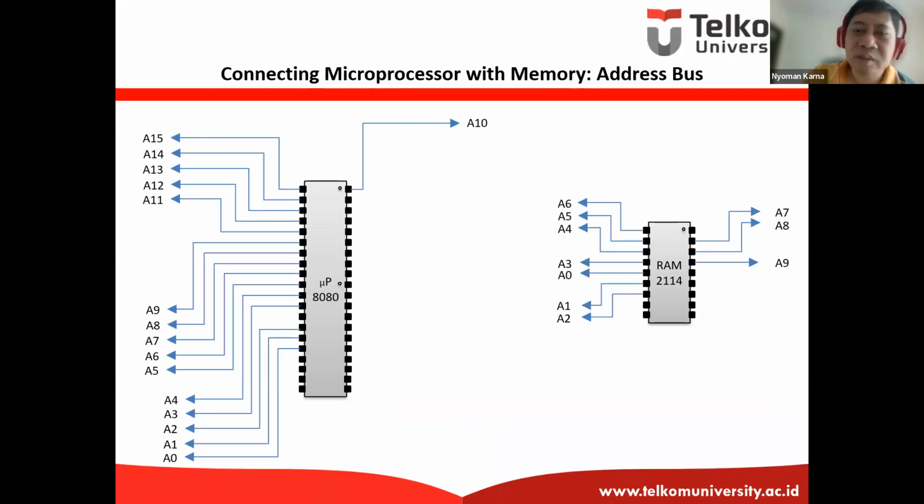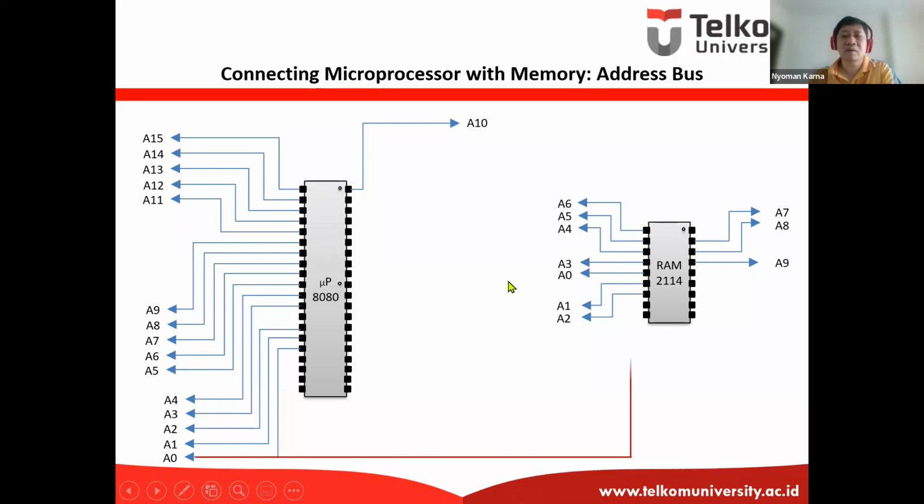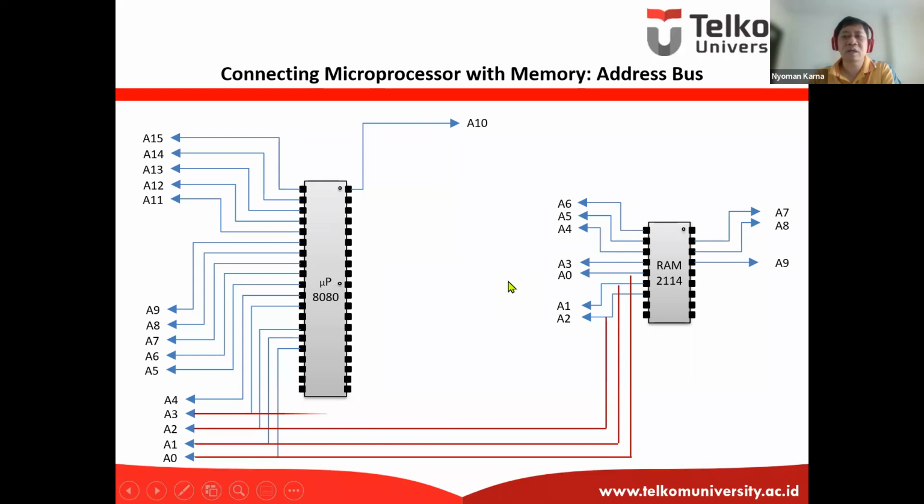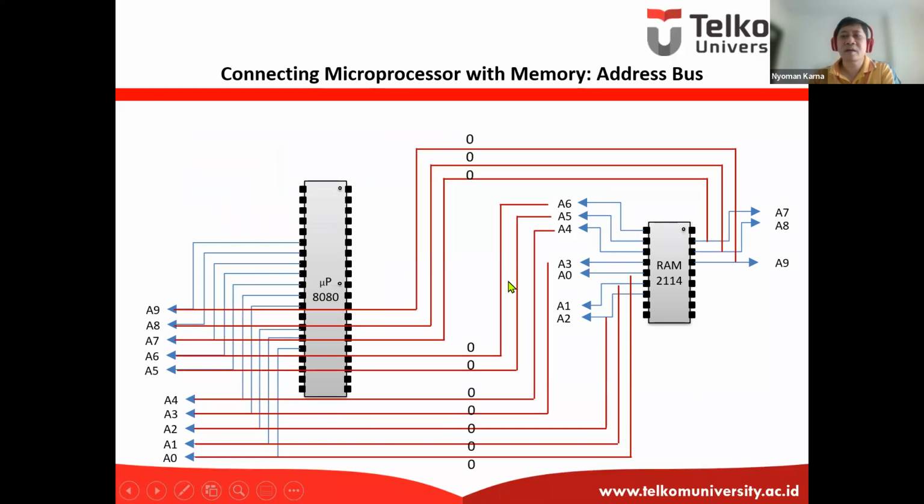Now, how about the address bus? We have A0 to A15 for the address bus from the microprocessor, but the RAM only has A0 to A9. So we're just going to connect one by one. A0 to A0, A1 to A1, A2 to A2, etc., until A9 to A9. Okay.